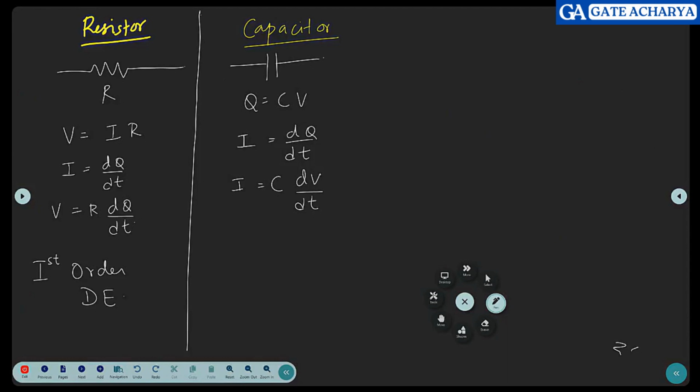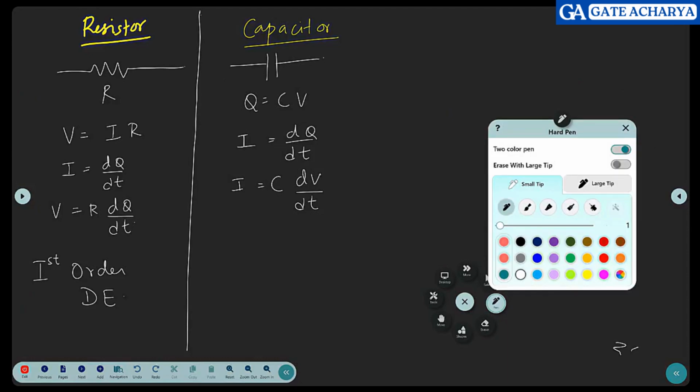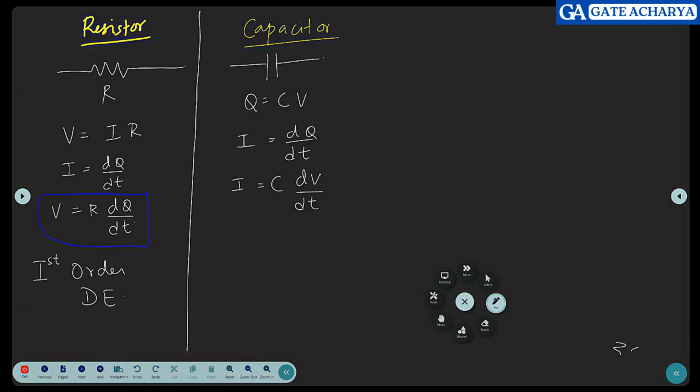How did I say the resistor is a first order equation? On what basis? I was interested in only two things, V and Q. When you look at the relation between V and Q for the capacitor, is it a differential equation at all?